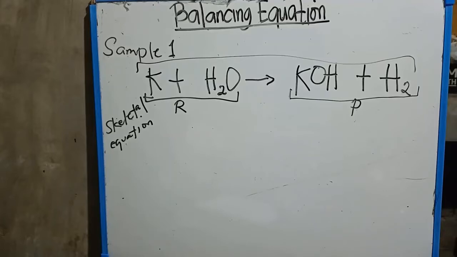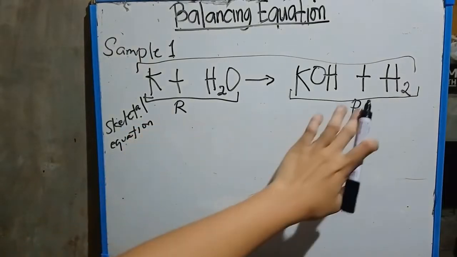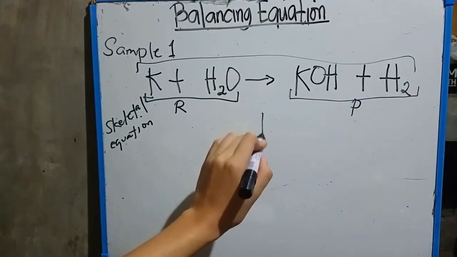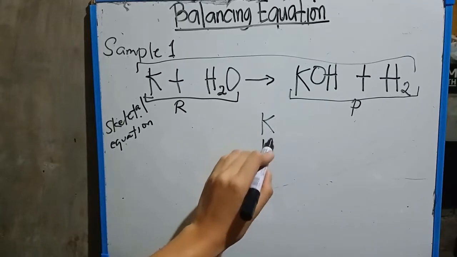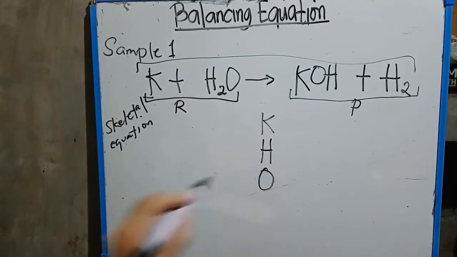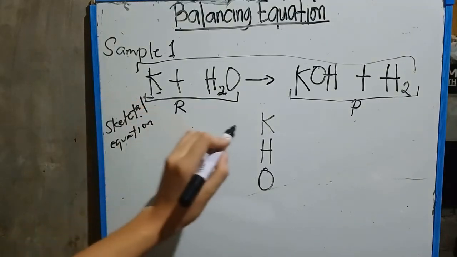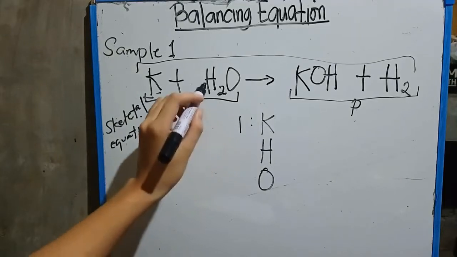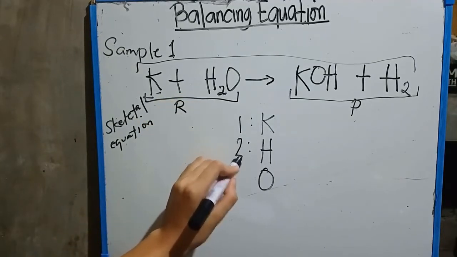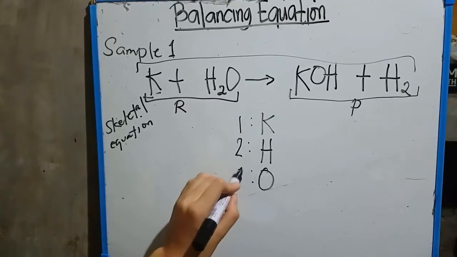First, we're going to write the elements that are present on both sides, from reactants to product: potassium, hydrogen and oxygen. Next, write the coefficients present in the reactants and the product. So our potassium is 1, our hydrogen is 2, our oxygen is 1.